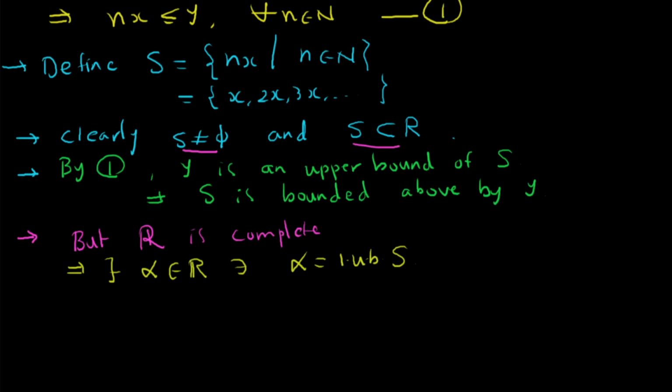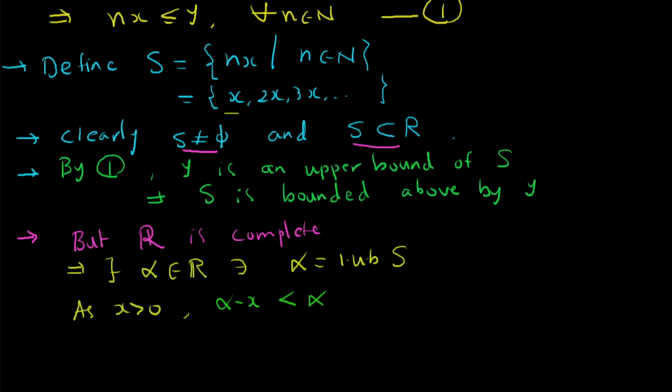So we have got a number alpha which is the least upper bound of S. We also have the number x, and we know x is positive. This x, which is also in S, is positive. So since x is positive, alpha minus x is less than alpha. If you remove some positive quantity from a given number, you get a smaller number.